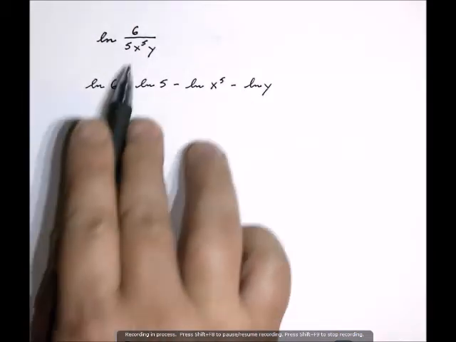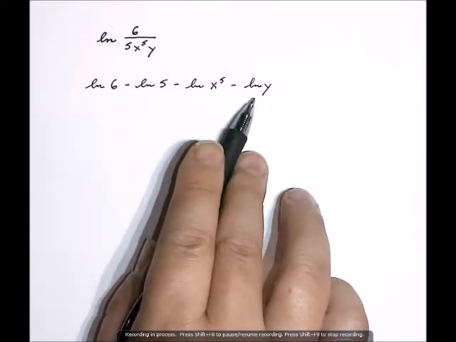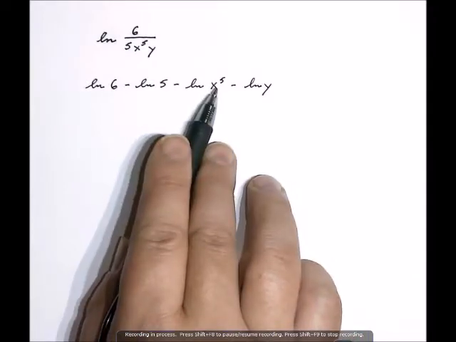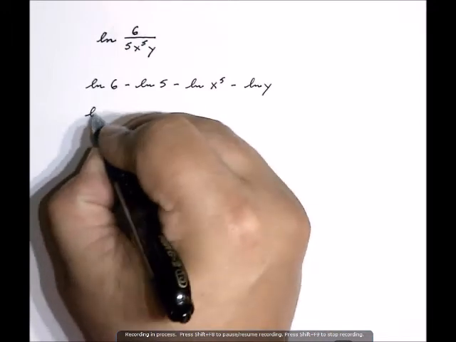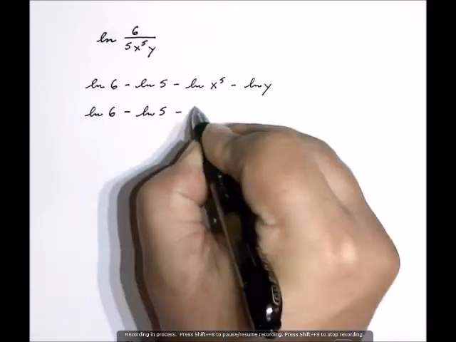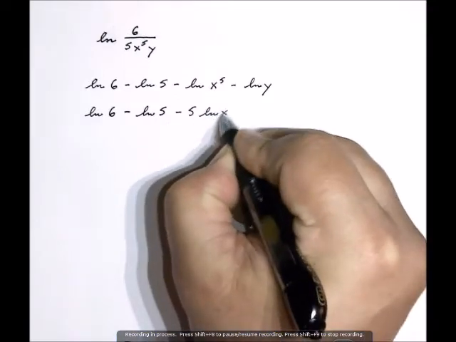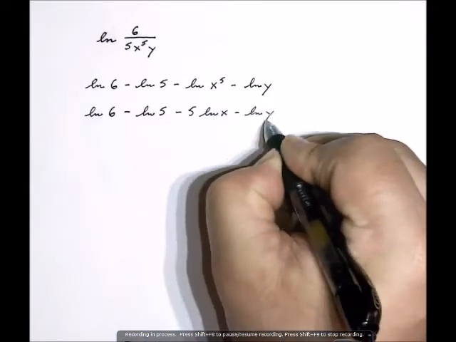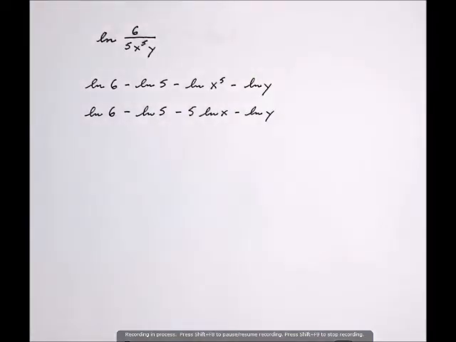If it's on the bottom, it gets a negative. And then all I have to worry about is getting rid of the exponents by turning them into multiplications. And we're done.